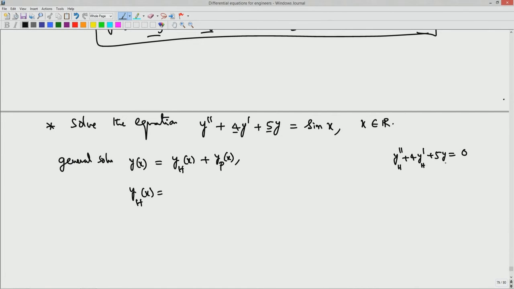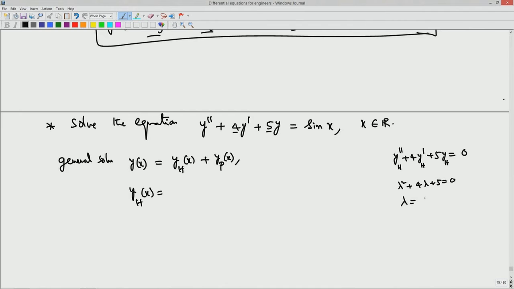Okay. If you look for yh as e power lambda x, because this is an equation with constant coefficients, then you get lambda square plus 4 lambda plus 5 equal to 0. So, what are the roots?